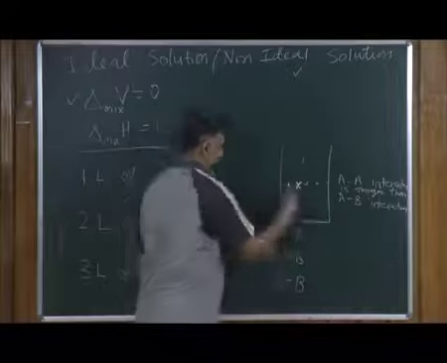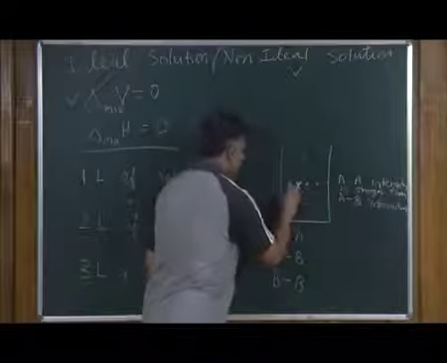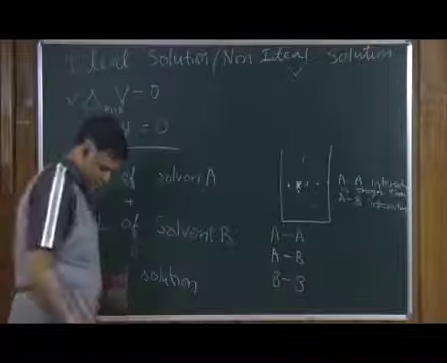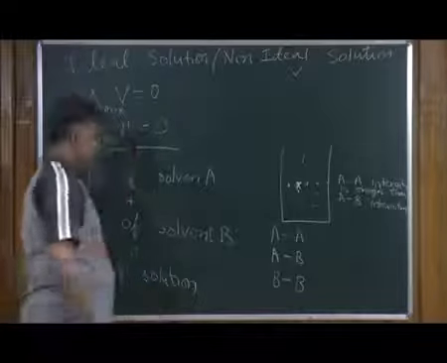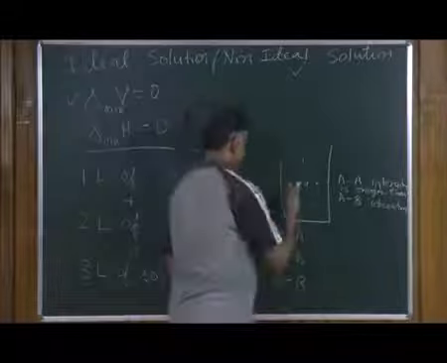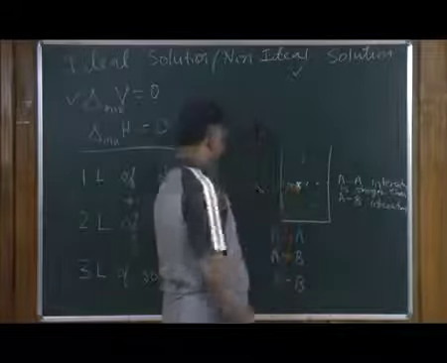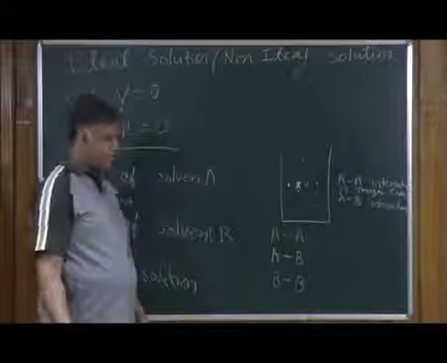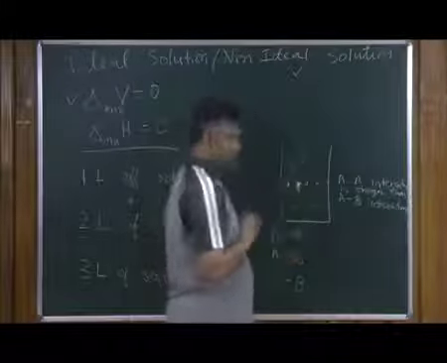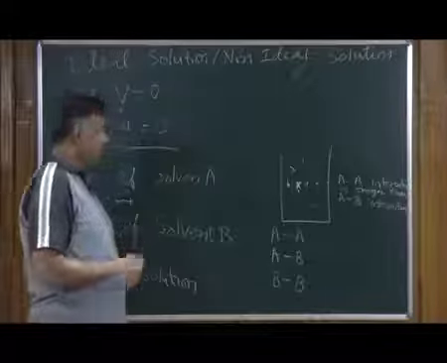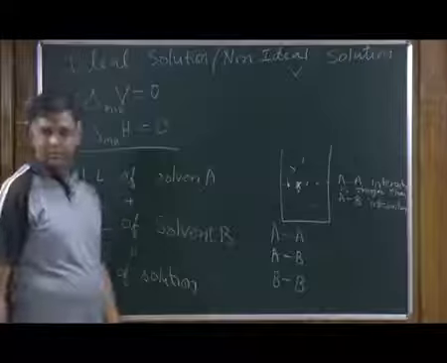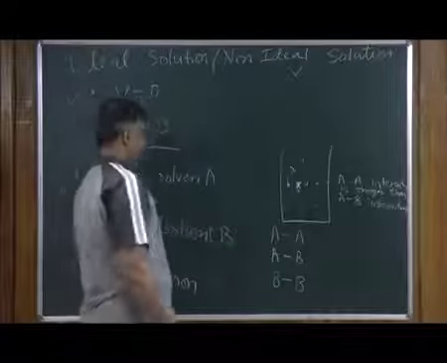So, A and A interaction is stronger and A B interaction is weaker. So, we have replaced a stronger interaction with a weaker interaction. Now, this molecule A is less stable. So, it has a higher tendency to go into the vapor phase. It requires a lesser amount of energy, a lesser push, to go into the vapor phase.